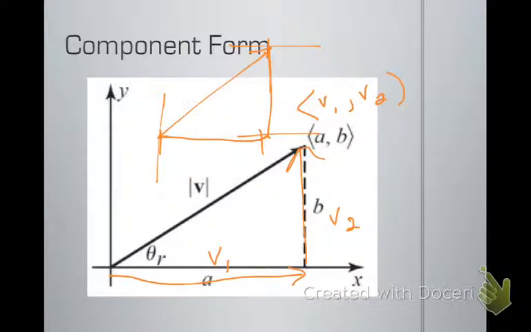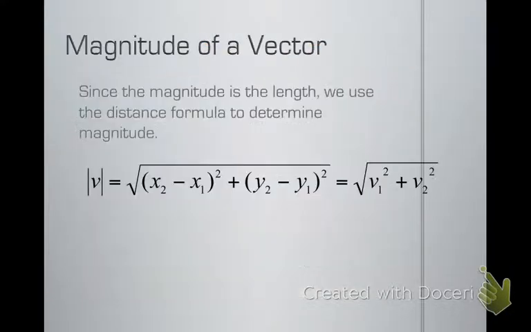Really, that should look very similar to the distance formula, which is what we're going to use to find the magnitude. Since the magnitude is the length, we use the distance formula. You might have seen this in other places like in physics class. We have delta x and delta y, which makes the distance the square root of delta x squared plus delta y squared.